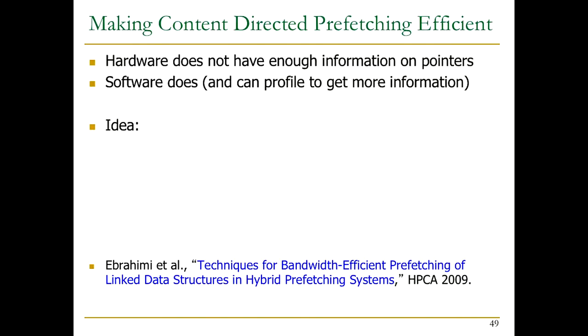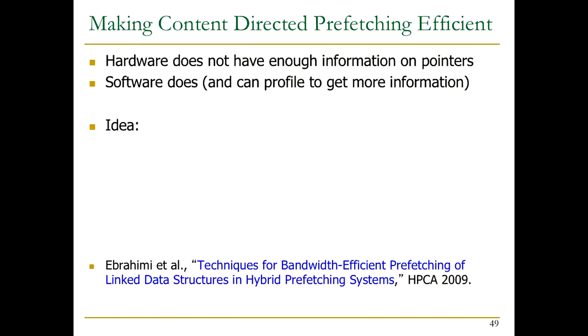So hardware doesn't have enough information on pointers, especially which one. So maybe it can guess. Maybe it can do a good job over there, but it doesn't have information about the data structure layouts, right? And which pointer is more profitable for prefetching, and which pointer you should really avoid prefetching, because some of the pointers may not be used a lot, right?